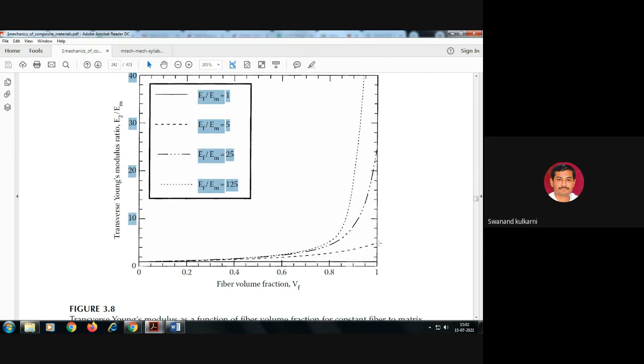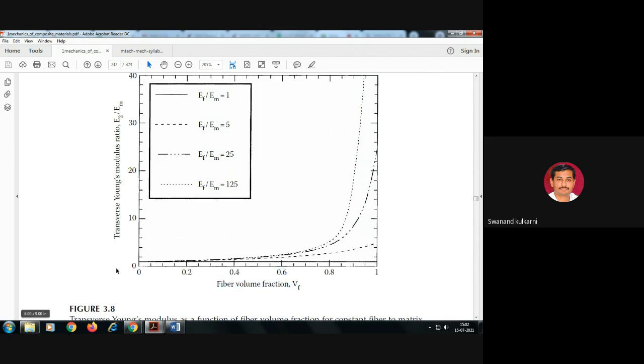Here only matrix is there, and on this side there is only reinforcement. So 0 represents 0% of reinforcement, 0.2 represents 20% of reinforcement, then 40%, 60% of reinforcement.